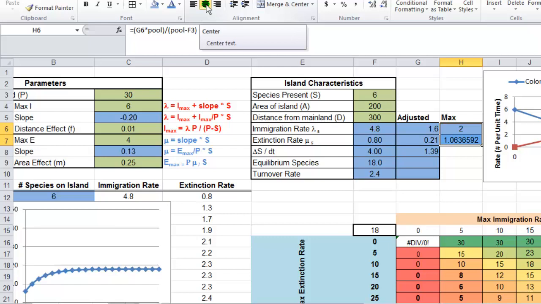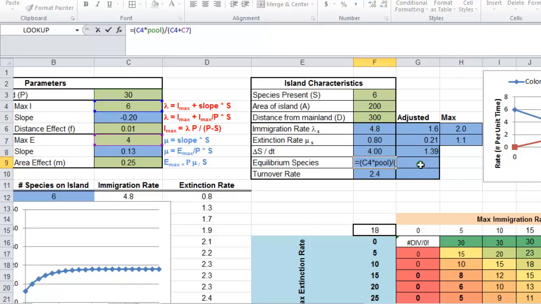At this point, we can use the formula that we used here to calculate the equilibrium number. The equilibrium number is equal to the max I times the pool, that's in the numerator, divided by max I plus the max E in the denominator.